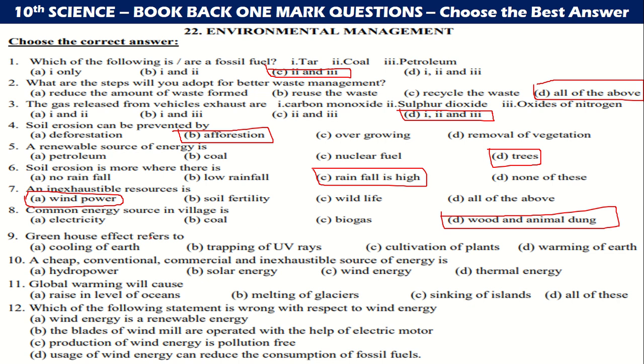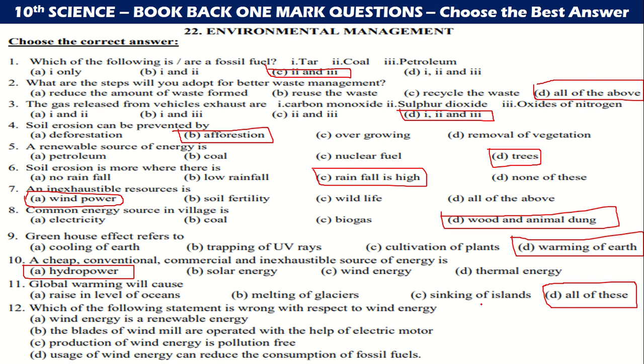Then greenhouse effect refers to the warming of earth. A cheap, conventional, commercial and inexhaustible source of energy is hydropower. Global warming will cause all of this: rise in levels of oceans, melting of glaciers, sinking.